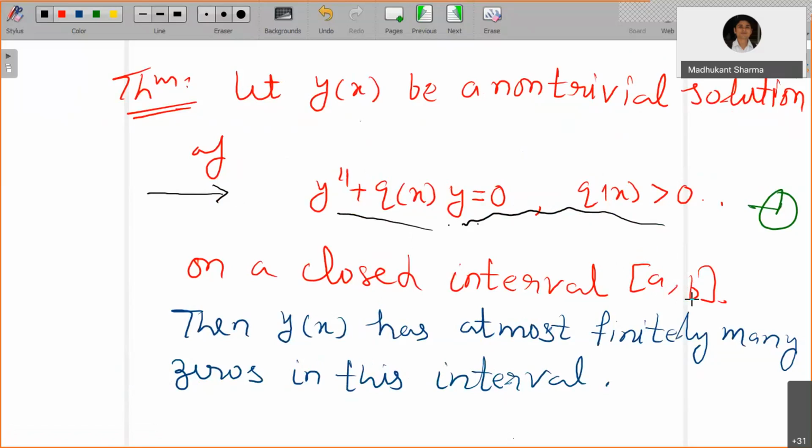This has a very simple proof. You can start with a contradiction: suppose it has infinitely many zeros in this interval.